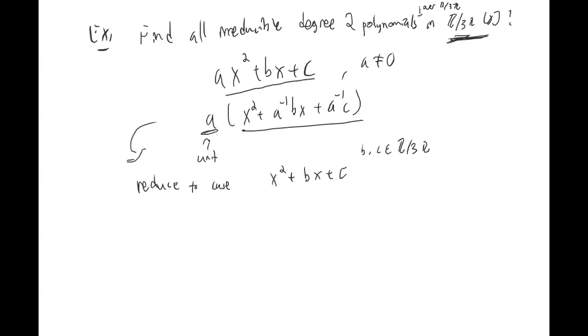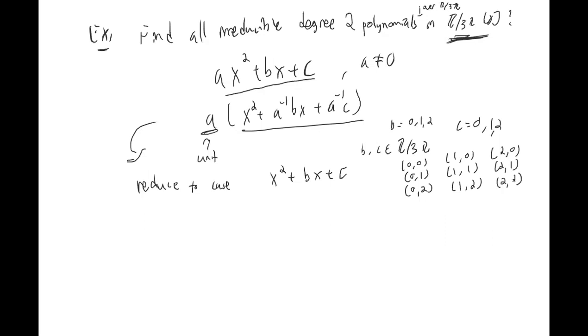Now tell me all the possible combinations. We could have b is 0, 1, 2 and c is 0, 1, 2. Agree? So I have 0,0; 0,1; 0,2; 1,0; 1,1; 1,2; and then 2,0; 2,1; 2,2. Let's write it out.